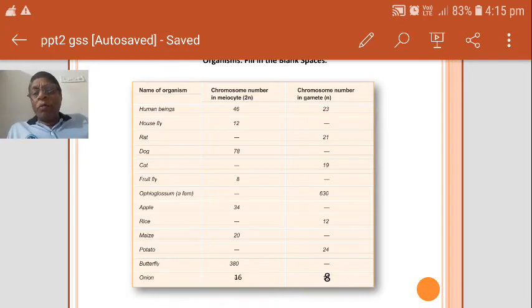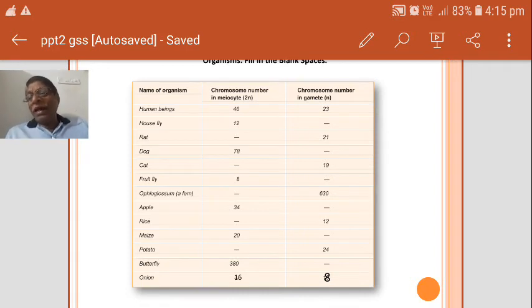What about the chromosome number in the gametes? Gametes contain only 6 chromosomes.